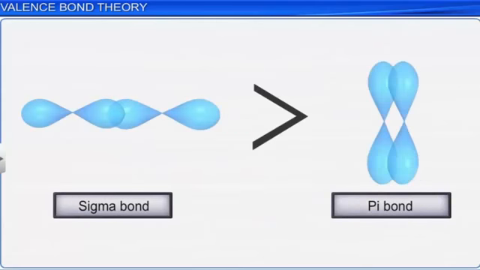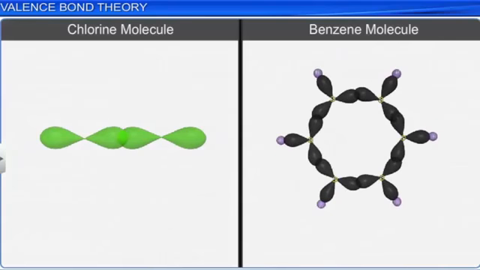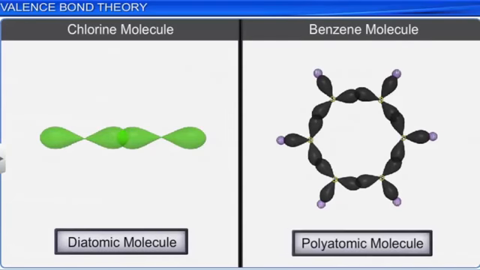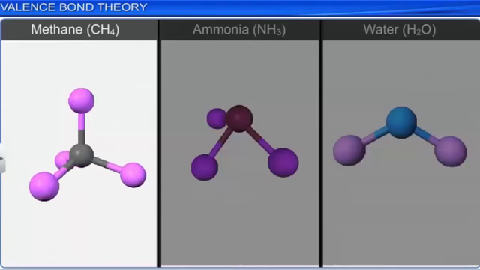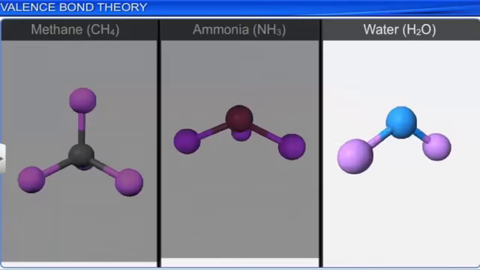The overlap criterion of orbitals applies equally to both diatomic molecules and polyatomic molecules. However, the valence bond theory fails to determine the actual shapes of the polyatomic molecules, such as methane, ammonia, and water, which are tetrahedral, pyramidal, and bent respectively.